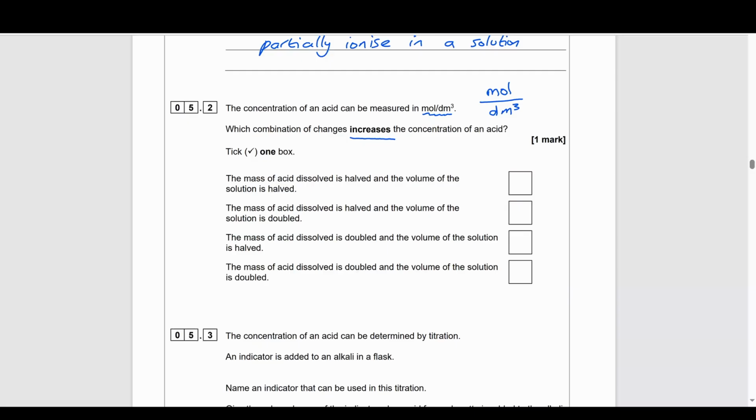So first one, the mass of acid dissolved is halved and the volume of solution is halved. So we're decreasing, because we're halving, the mass of the acid, so that means that the moles will go down. And the volume is halved, so the volume will go down. Will that cause an increase in the concentration of the acid? Well, no, it's not going to, because both of the factors are decreasing.